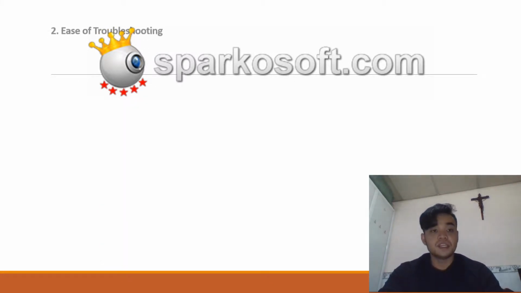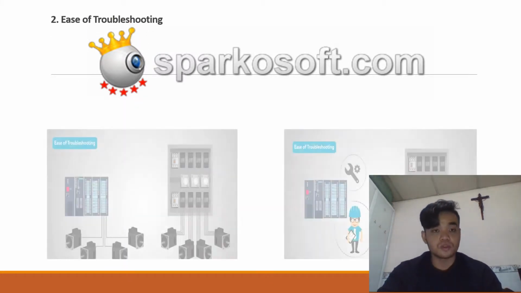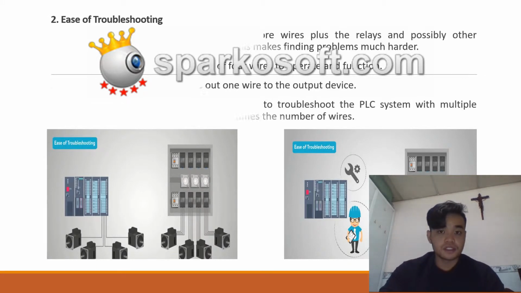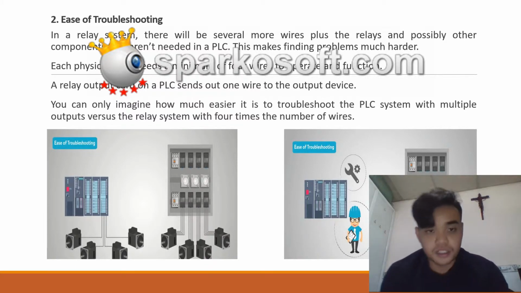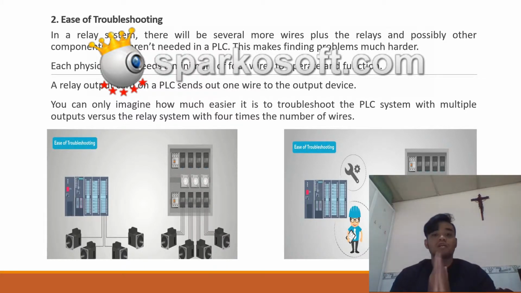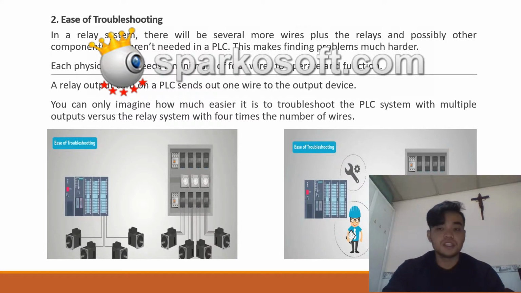The second is easy troubleshooting. In the relay system, there will be several more wires, plus the relay and possibly other components that are not needed in a PLC. This makes finding problems much harder. Each physical relay needs a minimum of 4 wires to operate and function.